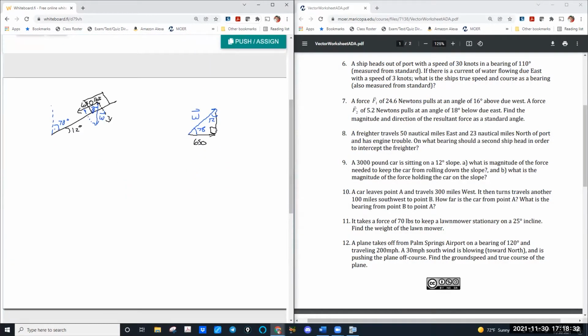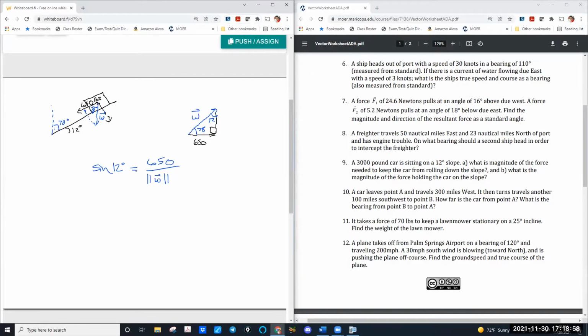Now we've got a right triangle problem. We want to solve for the magnitude of W. We can use either angle. And now it makes more sense. Sine of 12 degrees, this is what I had upside down, is opposite over hypotenuse. Here, you'll see these double bar lines. What this means is the magnitude of W, because that's really what we're looking at.